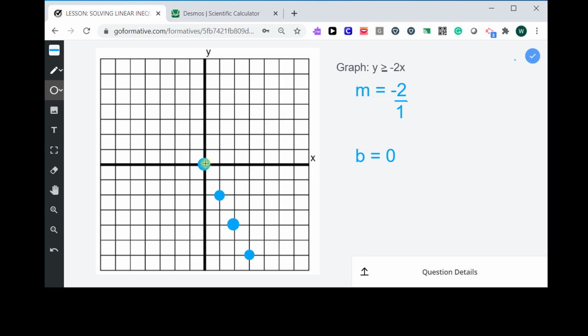Instead of going down 2, I'm going up 2, and instead of going to the right, I'm going to the left, and I continue making my points. So up 2, 1 to the left, up 2, 1 to the left, and I cannot go up anymore. So basically, I filled in all my points possible.